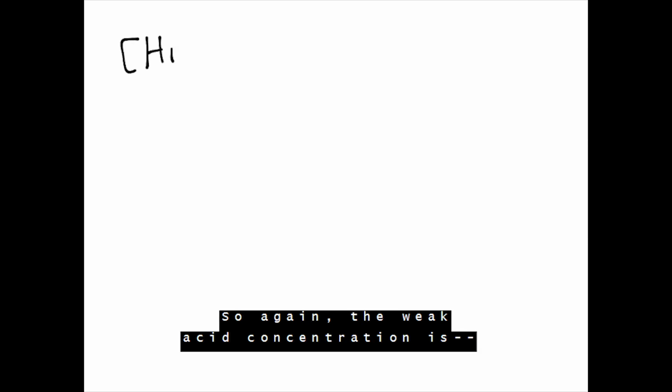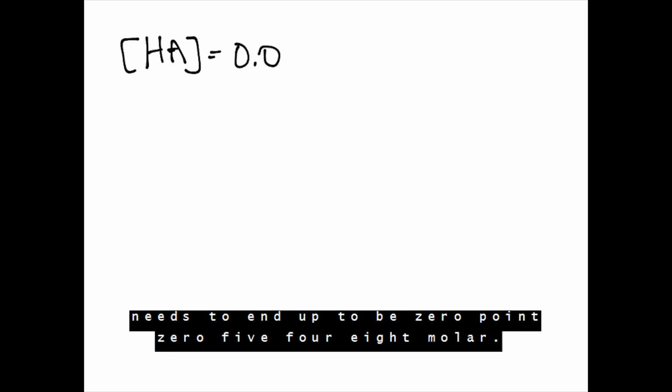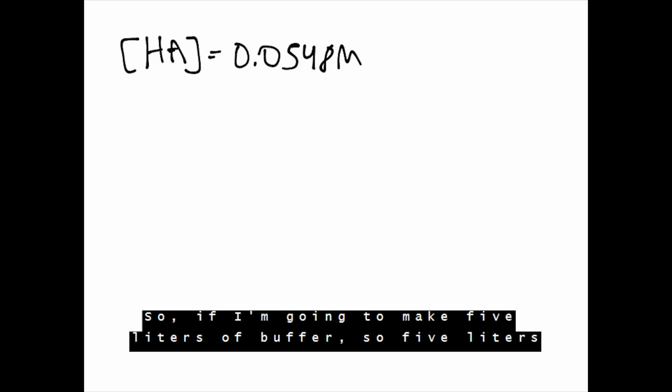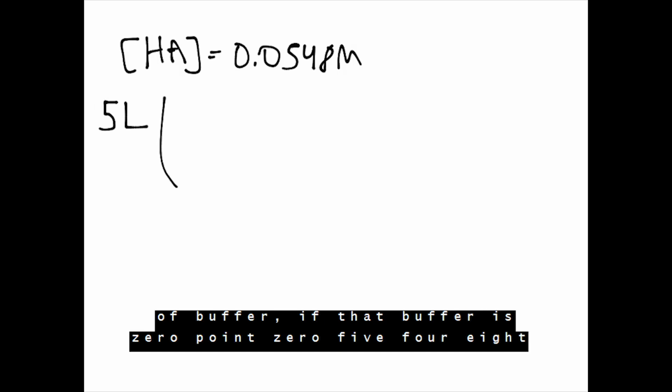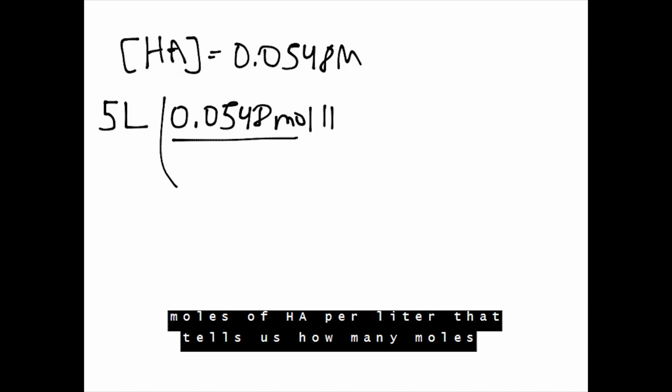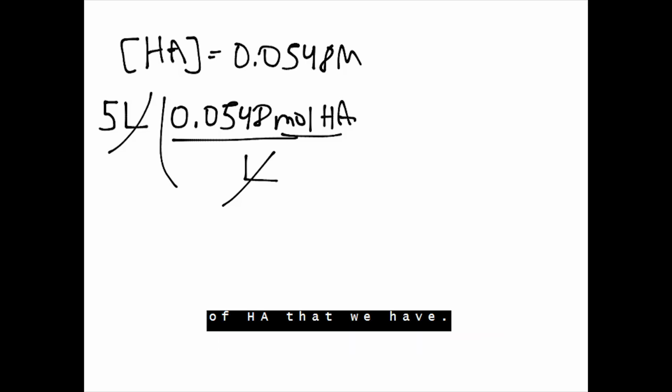So let's take the case of the weak acid first. Again, the weak acid concentration needs to end up to be 0.0548 molar. So if I'm going to make 5 liters of buffer, if that buffer is 0.0548 moles of HA per liter, that tells us how many moles of HA that we have.